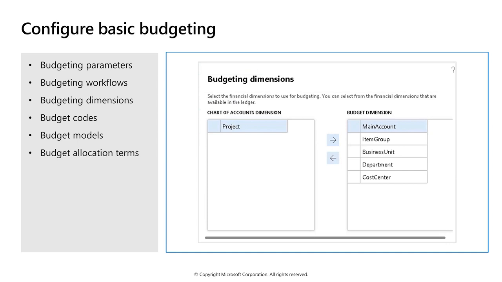On the budgeting dimension page, select the financial dimensions that are used for budgeting based on the dimensions that are used in the chart of accounts. We can select all financial dimensions or a subset of them for budgeting. Define a budgeting model that corresponds to all or some of the budgets.